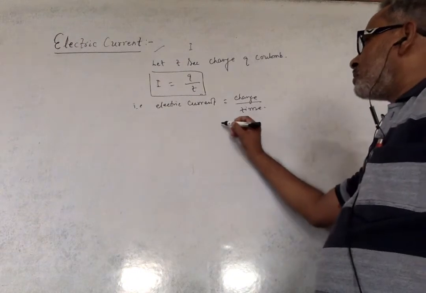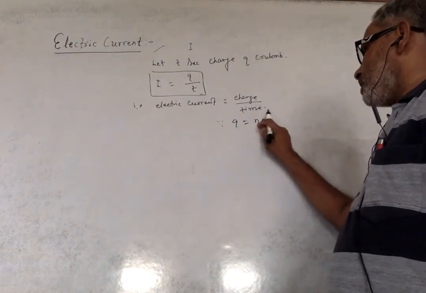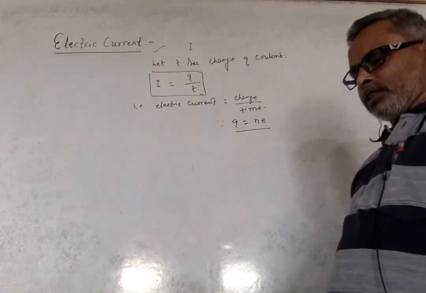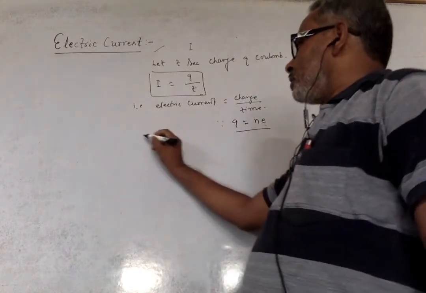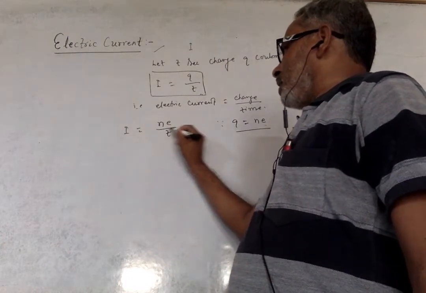Since we know that q equal to ne, where n is an integer and e is the charge on an electron, therefore I equal to ne by t.